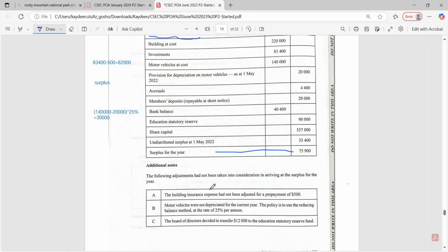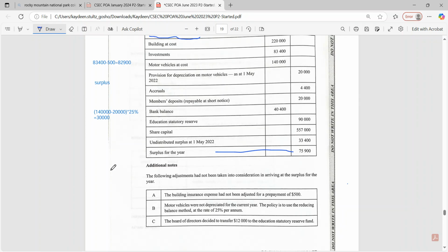So we subtract the prepaid amount from the total figure. But in this case, we already subtracted the full figure from the profit. So we subtracted too much money. So now we need to go back and add back the $500 to the profit, right?